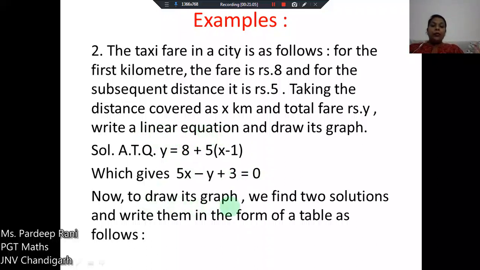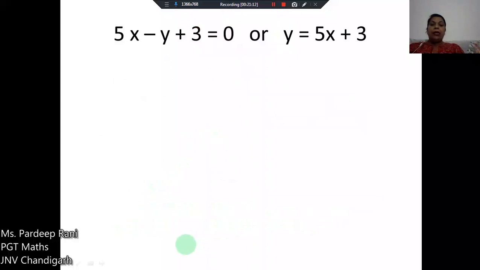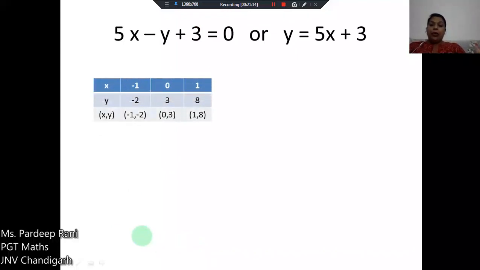Now to draw its graph, we find solutions and write them in the form of a table as follows. By putting distinct values of x in the given equation, we will have different values of y, and we will mark these values in the form of ordered pairs like (-1, -2), (0, 3) and (1, 8).